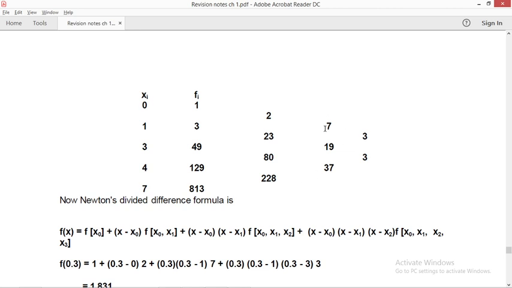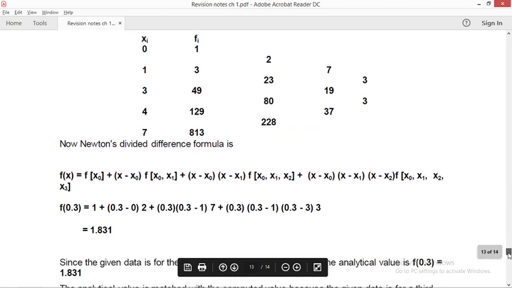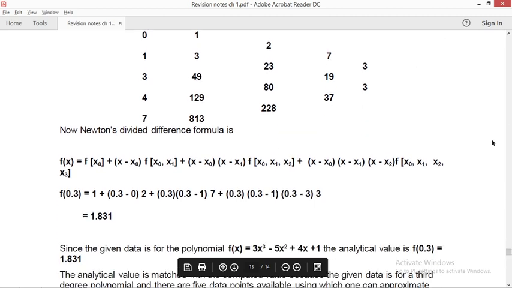Now, this 7 over here is obtained by using the difference of 0 and 3. Similarly, after getting all the values from the table, we will be using the formula and obtaining the value of f of 0.3.